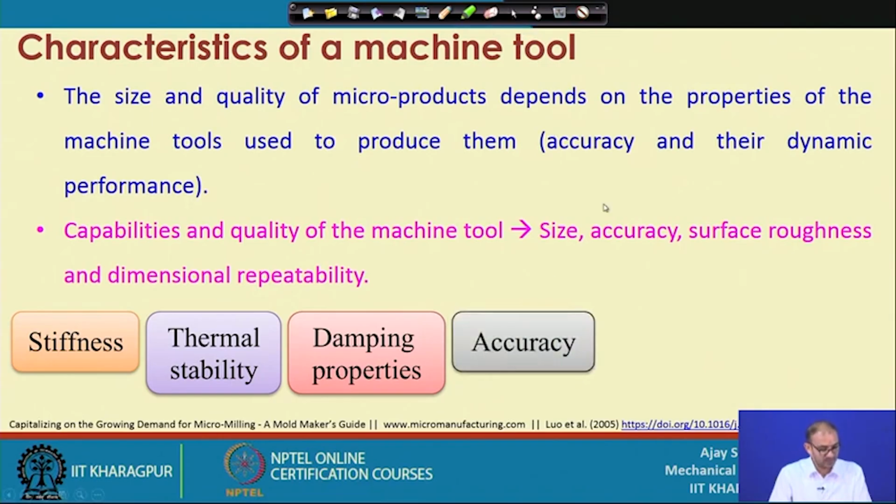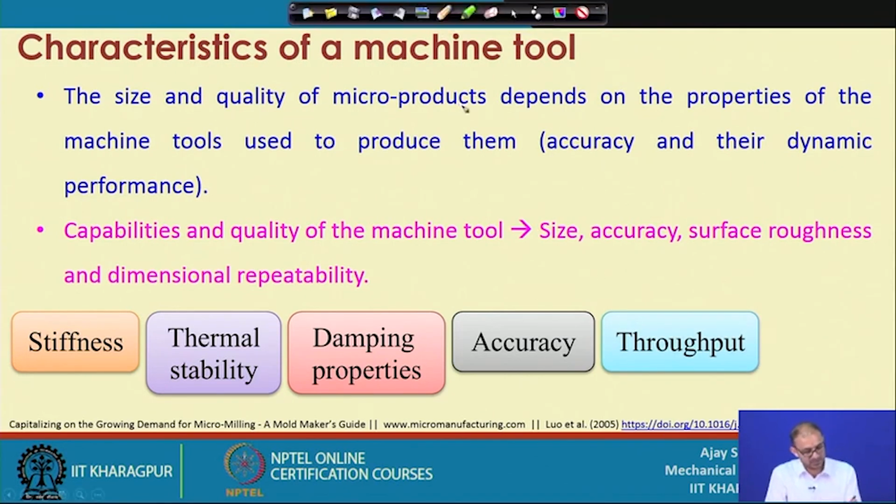Accuracy is important, that we have seen in the previous 2-3 slides. Throughput is also important, that is how many components you are getting, which is called the production rate, or rate of processing.